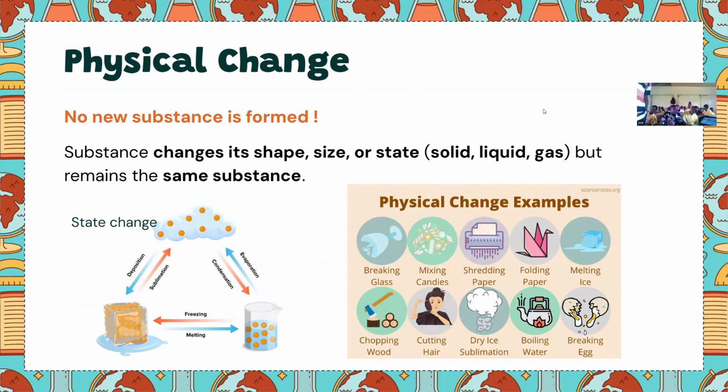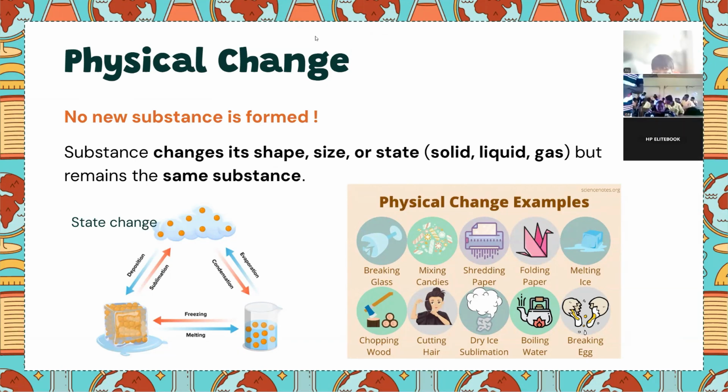We talked about the physical change, where no new substance is formed, and substance changes its size, shape, or state, but it still remains the same substance. So, we've talked about physical change examples.